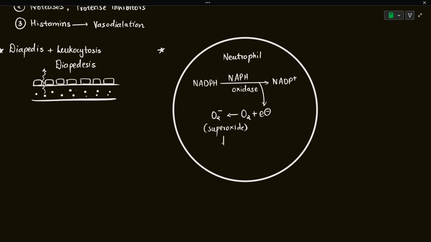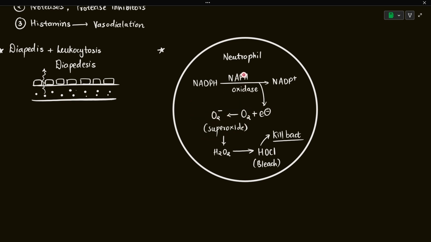This superoxide will then be converted into hydrogen peroxide, which will eventually be converted into bleach. HOCl is the bleach. This bleach is going to kill the pathogens, the bacteria. So this is how the neutrophils kill the bacteria, by production of reactive oxygen species.